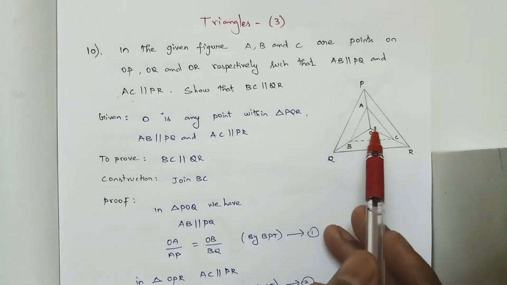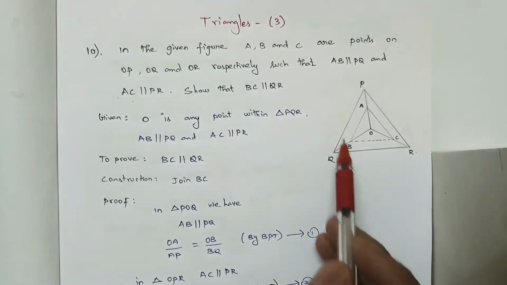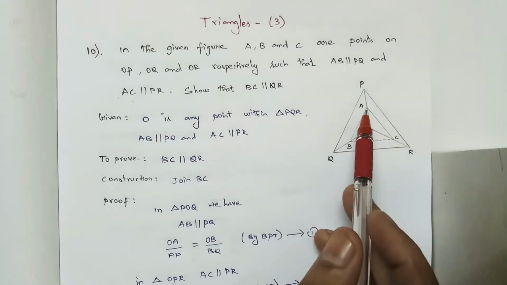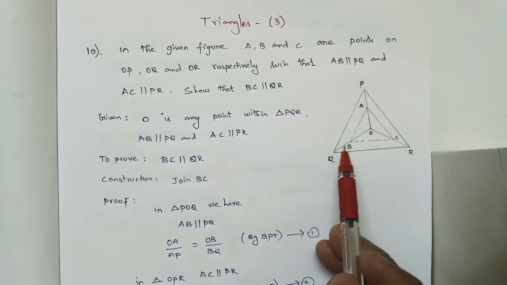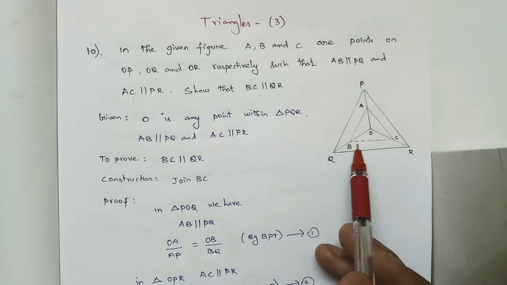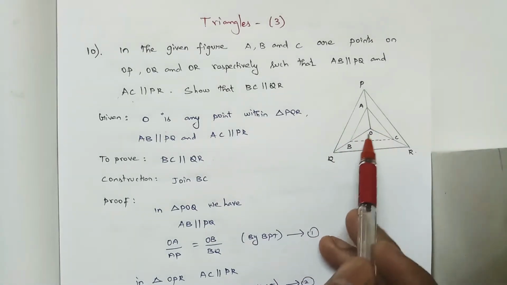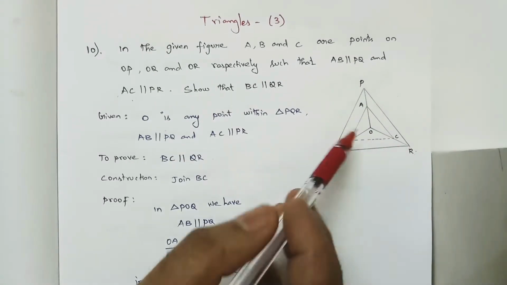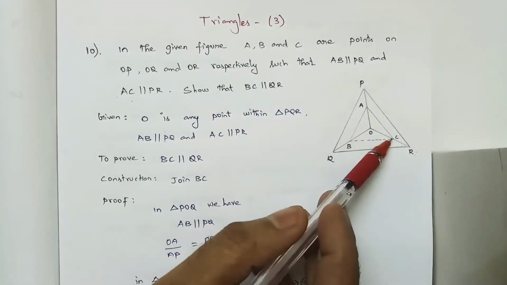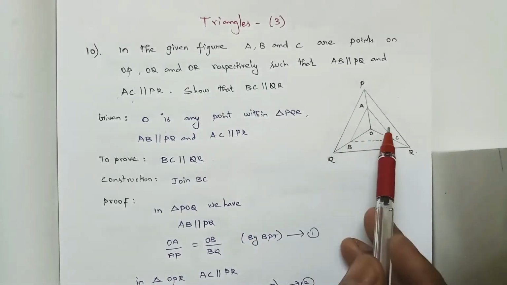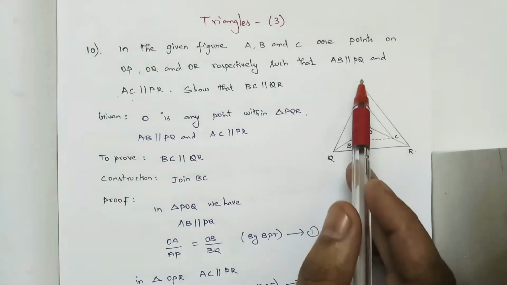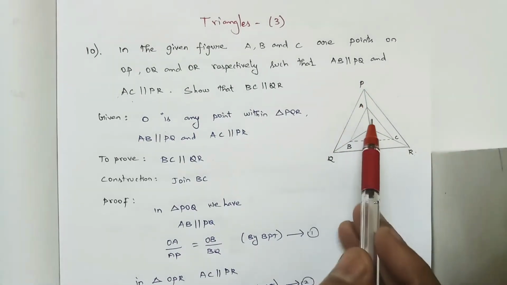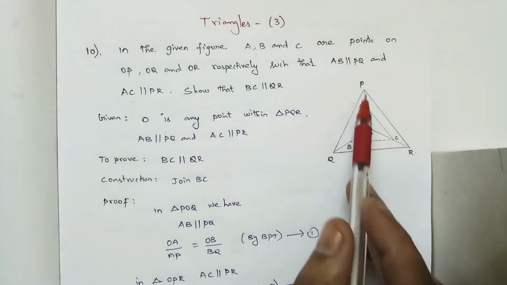So now we are having three triangles, and AB is parallel to PQ. So by using BPT, we can easily say that the ratios are equal. Same like that in the second triangle POR, AC is parallel to PR. So we can say that OA by AP is equal to OC by CR. For these two triangles, the ratio OA by AP is common.